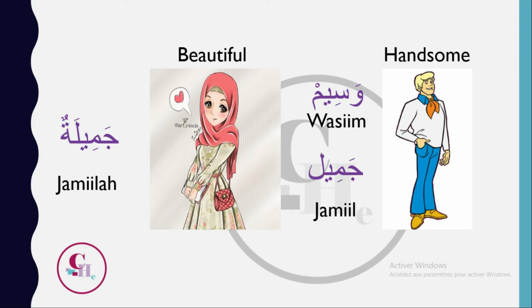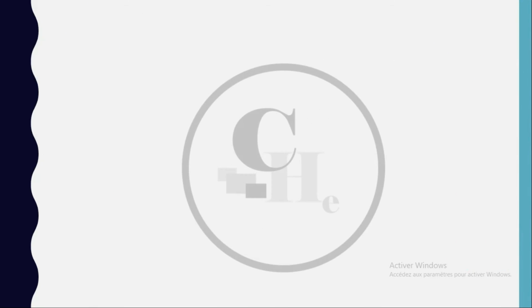So now I'm going to say handsome, jamil, but I removed حرف التاء. And if I want to call a girl, I'm going to add حرف التاء مربوطة to specify the gender. Feminine, جميلة; masculine, جميل.